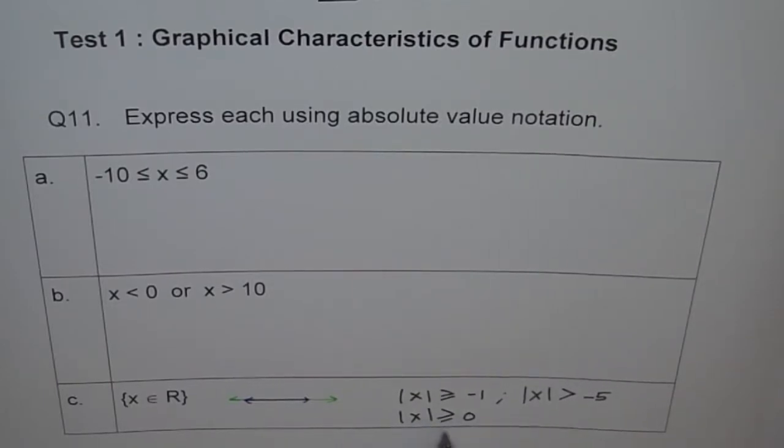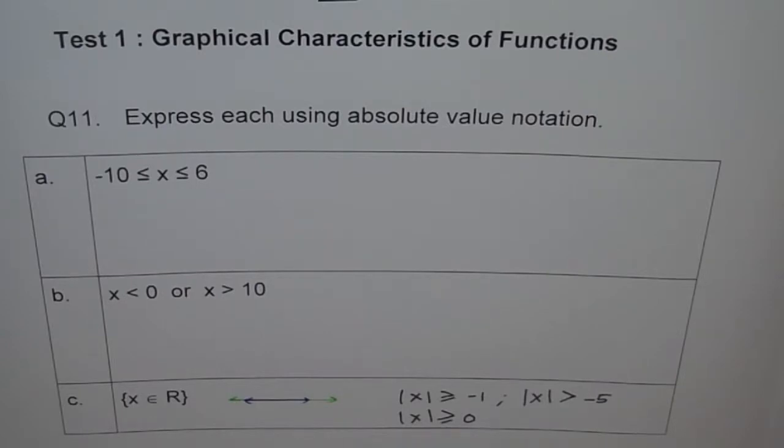This is also a valid thing because absolute x is always greater than or equal to 0. So those are some of the possible answers. But the basic idea is that absolute x is always non-negative. Therefore, it is always greater than the negative values.